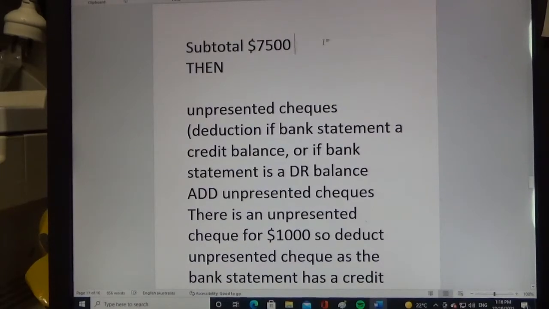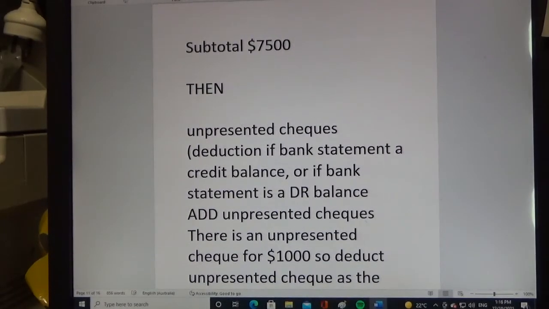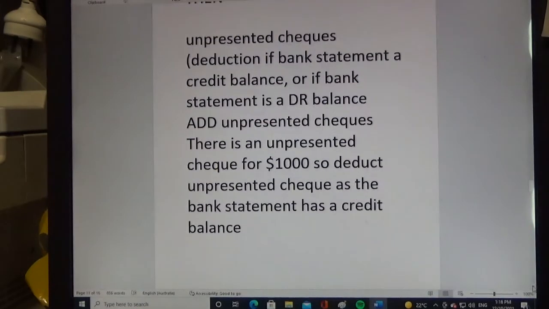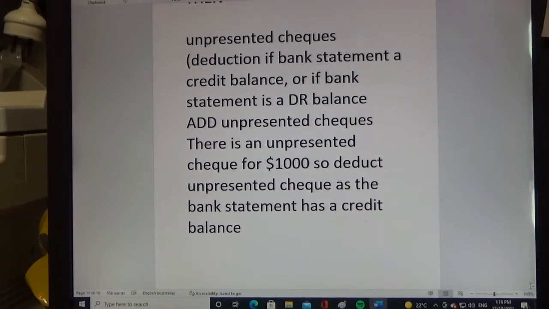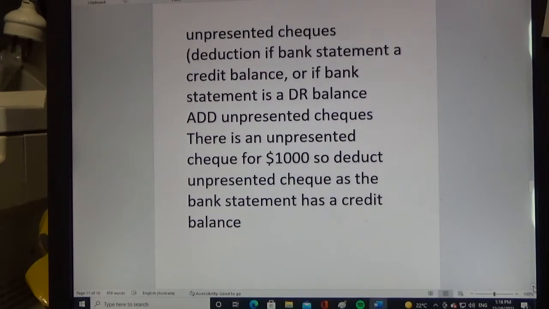Then we go to unpresented checks, and there's a deduction of unpresented checks if the bank statement is a credit balance, which is our case, and we just ignore the other example because it's not a debit balance, it's a credit balance in the algorithm.